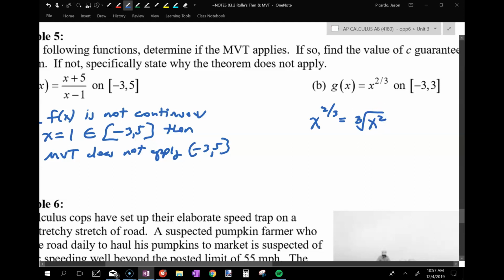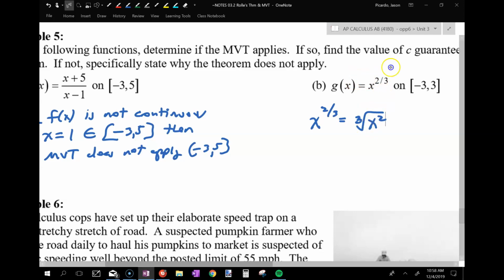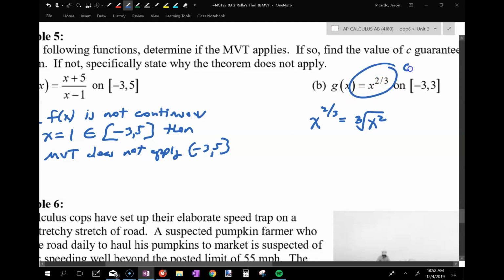So it's not just fractional exponents, it's also radicals with different roots and bases. Anytime you see this, what often is going to happen, guys, are cusps, okay? This right here is going to create a cusp.